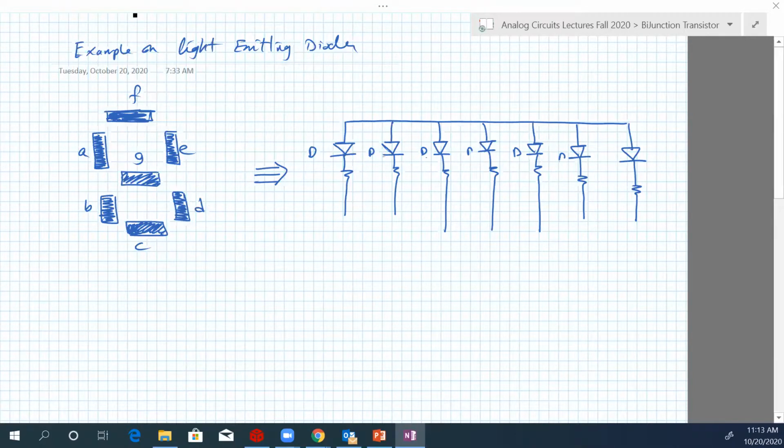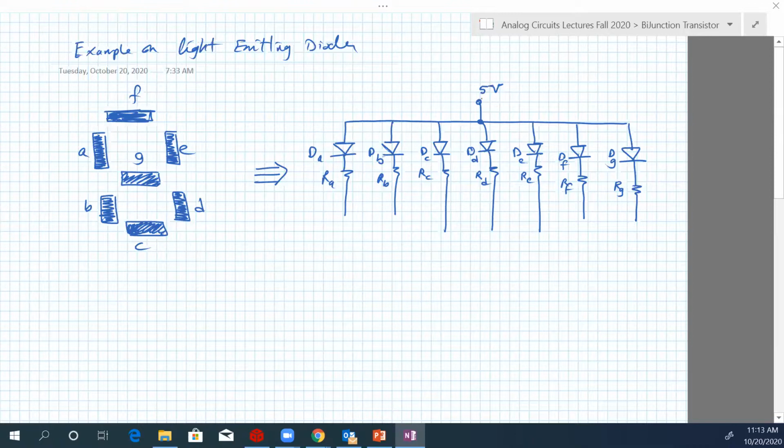So DA, DB, DC, DD, DE, DF, DG. Okay, RA, RB, RC, RD, RE, RF, RG. And all of them here are connected to 5 volts.